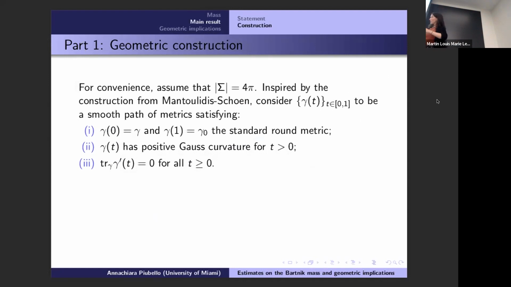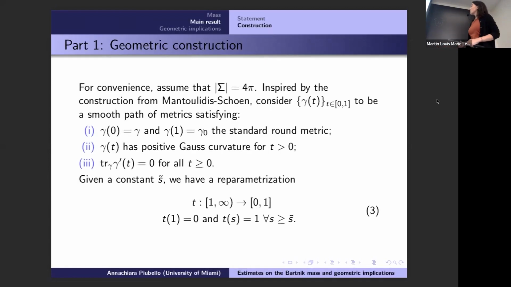We assume that this path has positive scalar curvature, positive Gauss curvature here, and that the trace of gamma prime, the derivative of this path, vanishes for any t. Also for simplicity, we're going to do this construction when the area is normalized to 4 pi, and then just using a rescaling argument, one can have it for any radius.